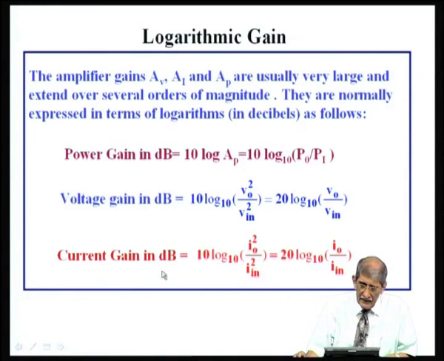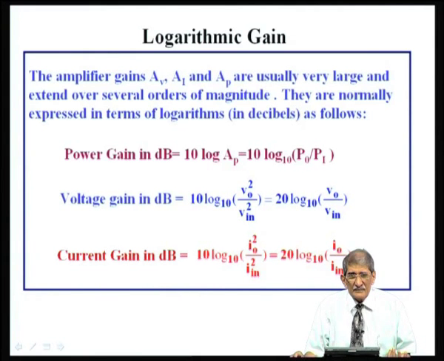Same way for current gain, power is proportional to I squared R. So, with I naught squared by I in squared, you take the log with the same definition, replacing P naught by I naught squared and P in by I in squared. So, you get 20 log I naught by I in. If this ratio I naught by I in is 10, log 10 is 1, so in dB it is 20.